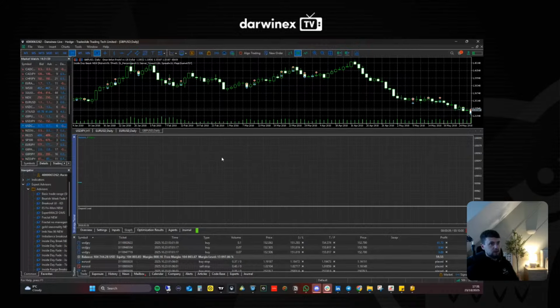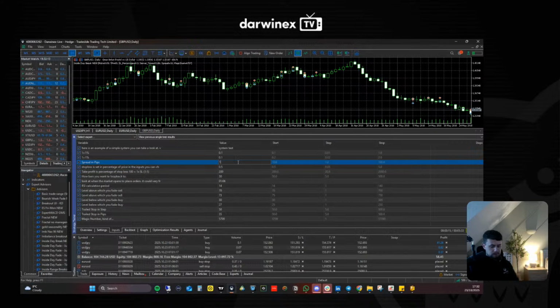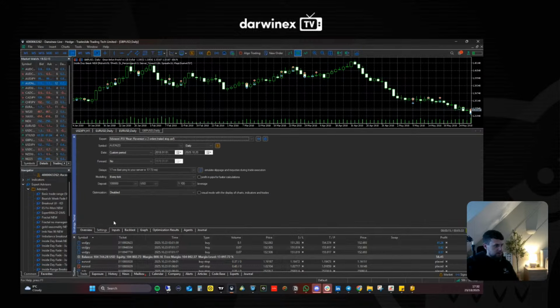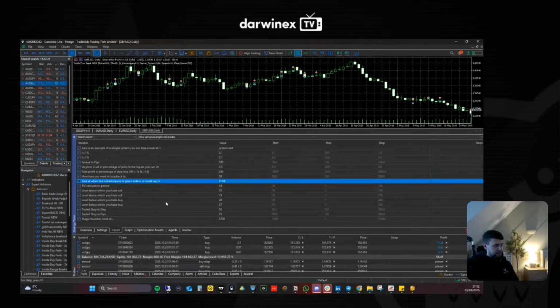Spread too tight, yeah, it could be. Let's try spread in pips. Let's try 100. That's probably even too tight for rollover spread, to be fair. It's still 100 in it, yeah.